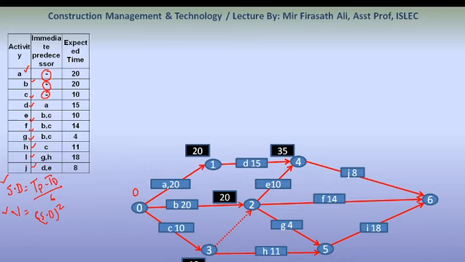The earliest starting time of activity 1 to 4 is 20. 20 plus 15, we have got 35.